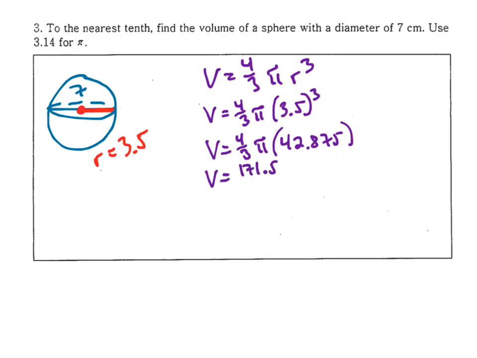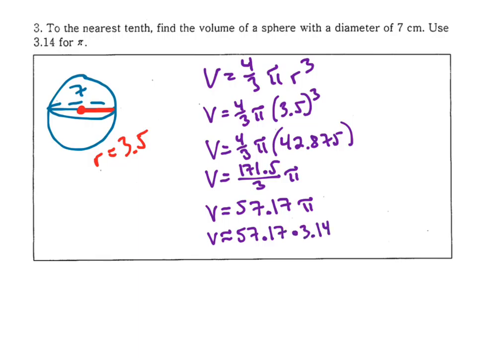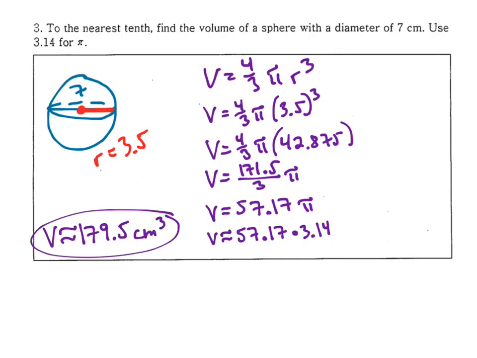Volume equals 171.5 over 3 times pi. Volume equals 57.17 pi. Substitute 3.14 for pi. We can multiply that out. We get volume is about 179.5 centimeters cubed. Again, don't forget your units. Don't forget it's volume, so you're cubing.